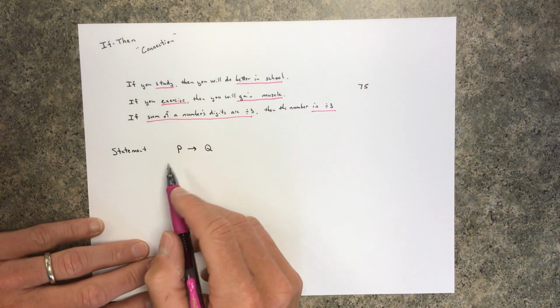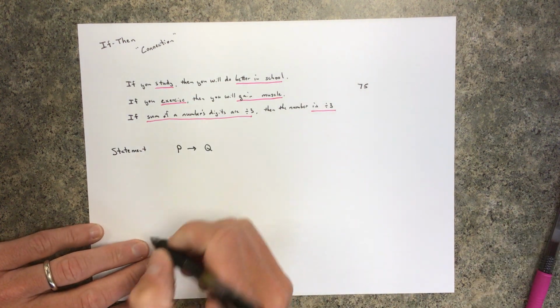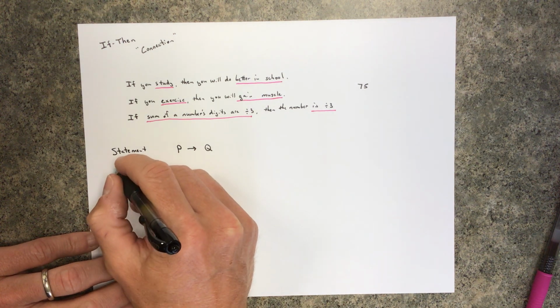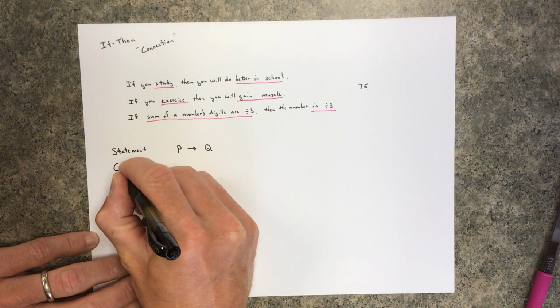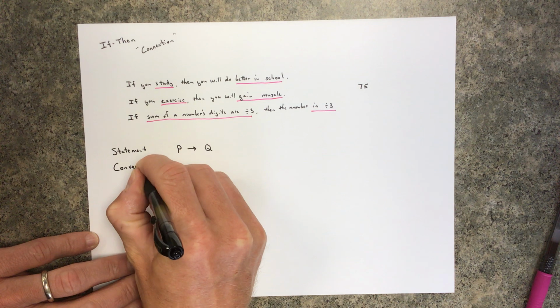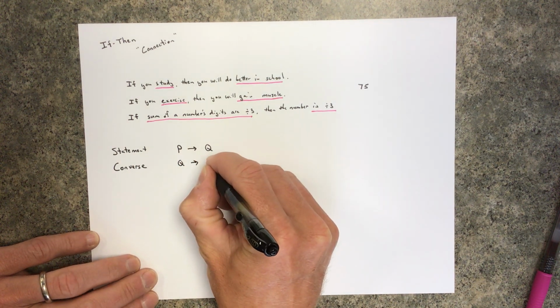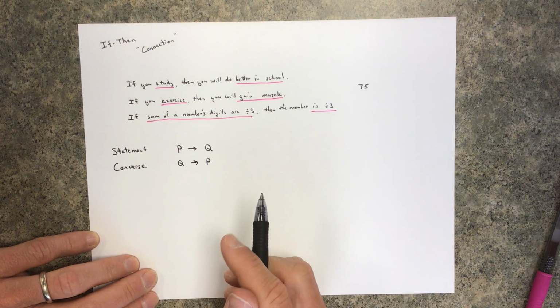Okay, so we have the statement, and then algebraically, symbolically, we also have other things. We have what they call the converse. The converse statement is actually Q implies P. So you switch those.